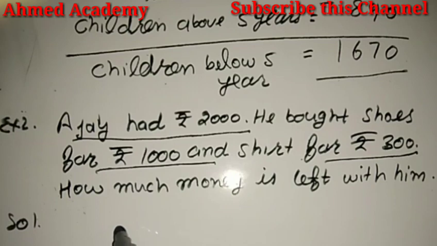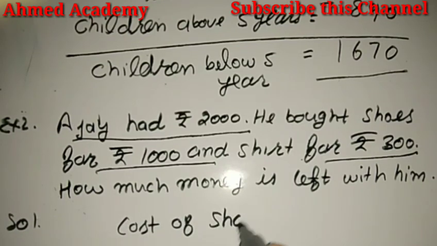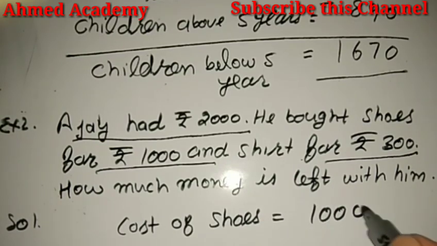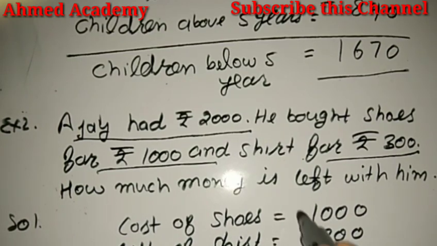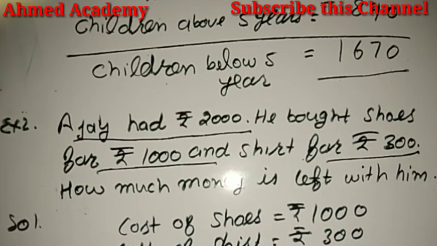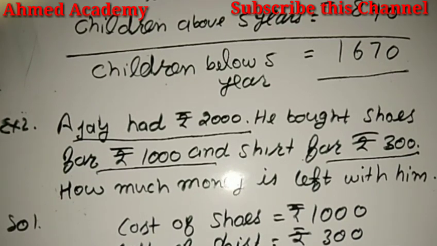Okay, so cost of shoes is equal to 1000 rupees. Cost of shirt is 300 rupees. He spent in total, we have to add 0 0 3 1. So he spent 1300 in total.